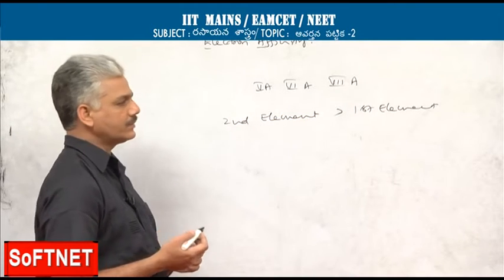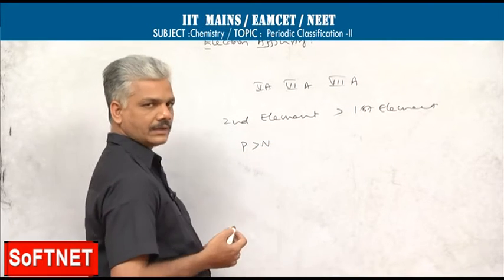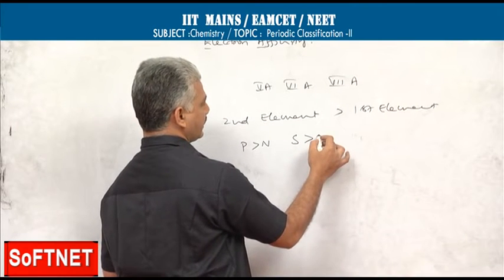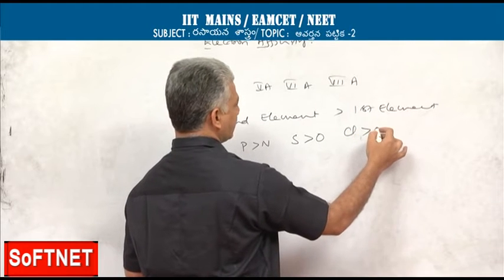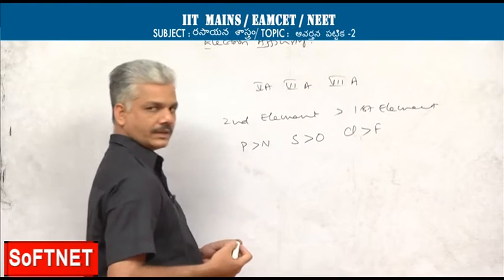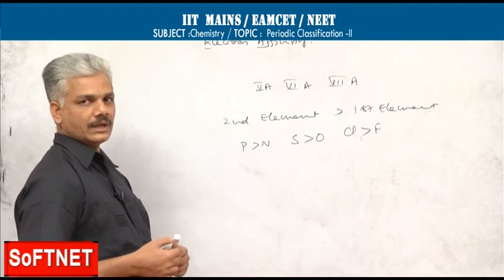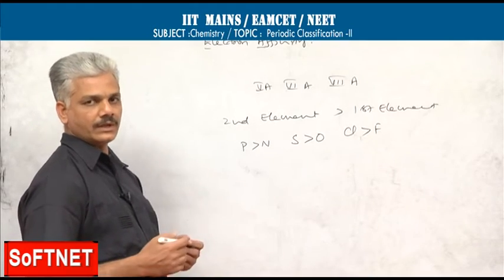So, in the 5th group, phosphorus has a higher electron affinity than nitrogen. In the 6th, sulfur has a higher electron affinity than oxygen, and in the 7th, chlorine has a higher electron affinity than fluorine, even though these elements are more electronegative compared to phosphorus, sulfur and chlorine respectively.